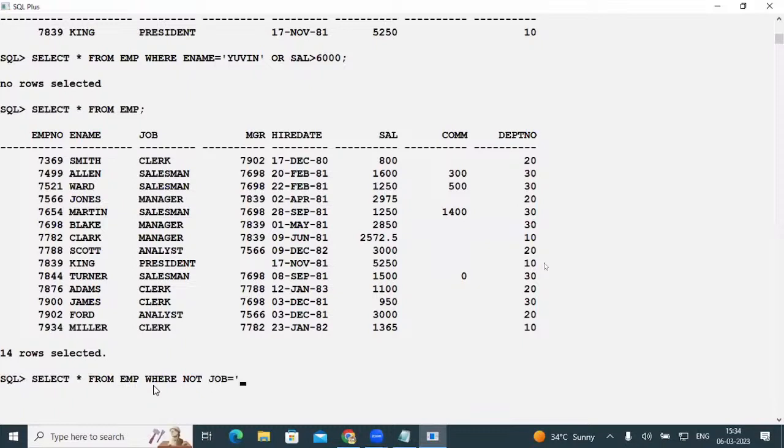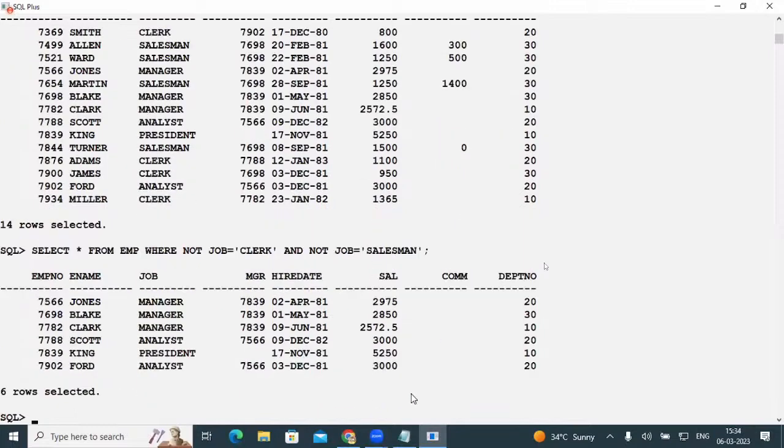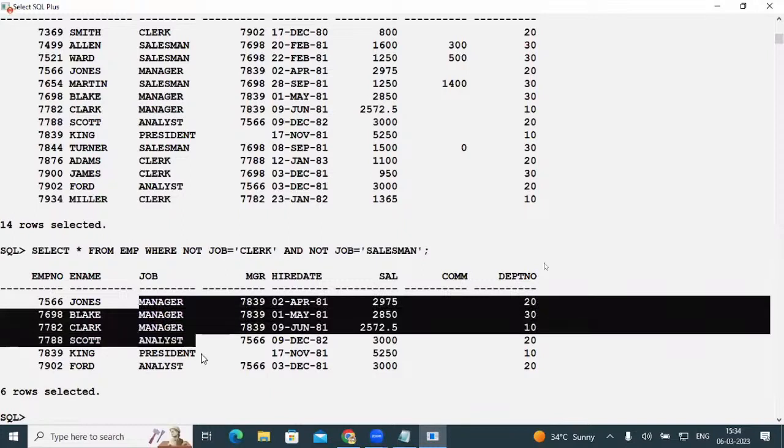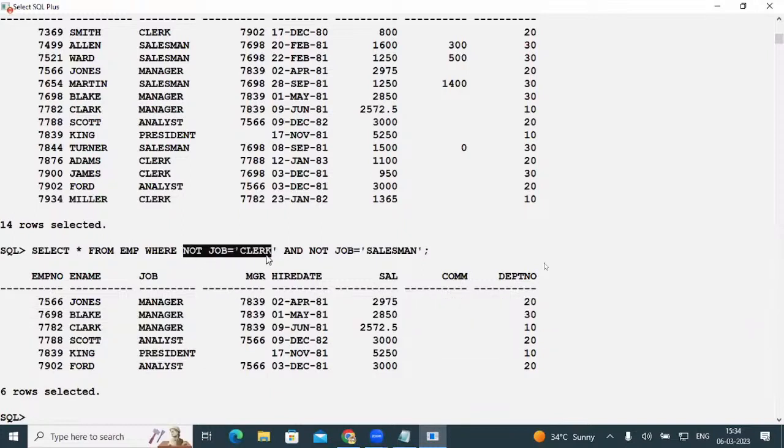NOT job equals clerk AND NOT job equals salesman. So both are negative operations. Now we can see who came. Manager, analyst, president, but not clerk, not salesman.